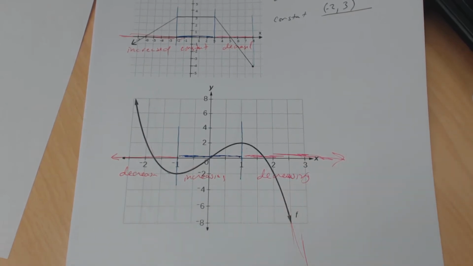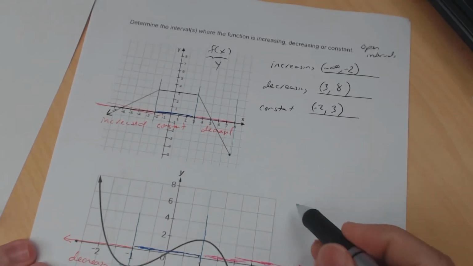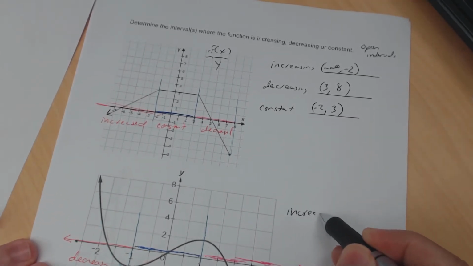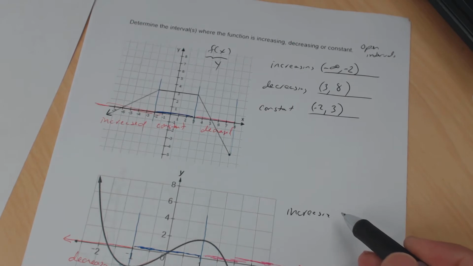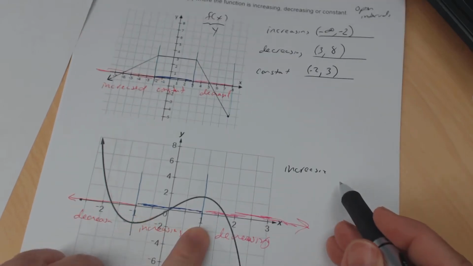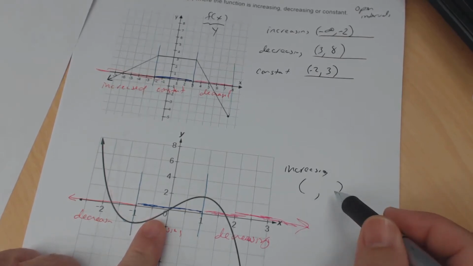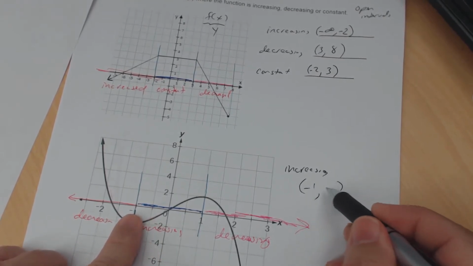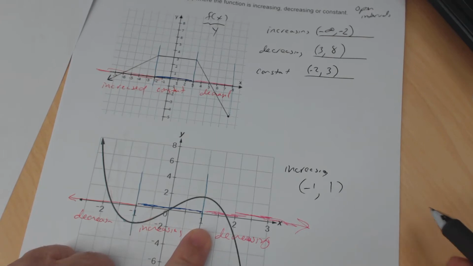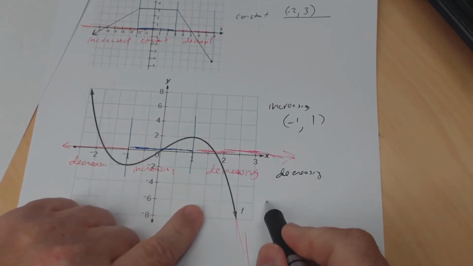All right, so now I can answer the question. Where is it increasing? It's only increasing from here to here. So again, open intervals. Always open intervals for increasing, decreasing, constant. So from -1 to 1. Decreasing.